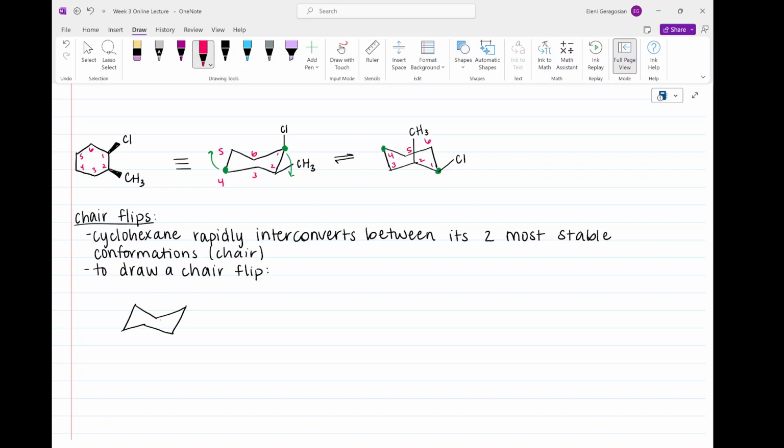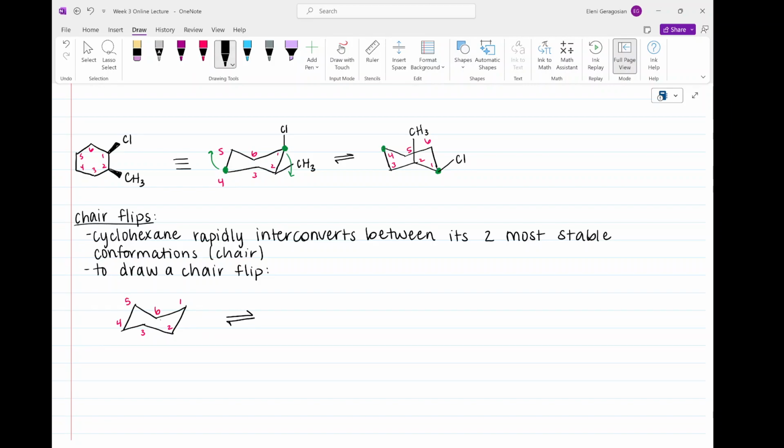So let's say that we continue with the numbering that I did before. So top right is number 1. In reality, you could number any carbon as number 1 as long as you're consistent between the two conformations. So carbon 1, and I'll go clockwise, 2, 3, 4, 5, and 6.